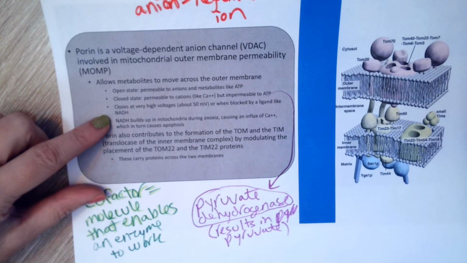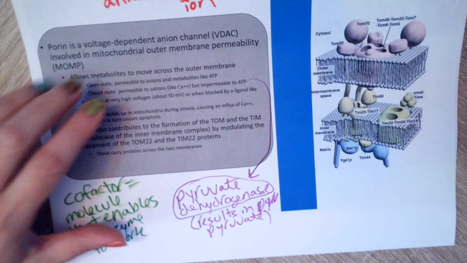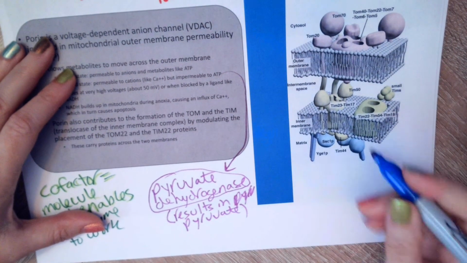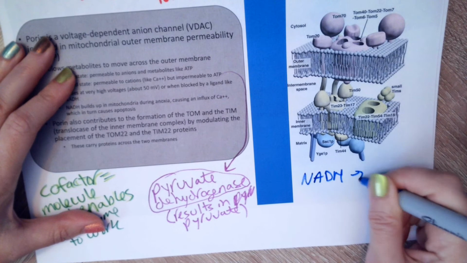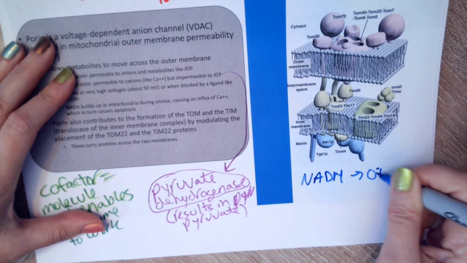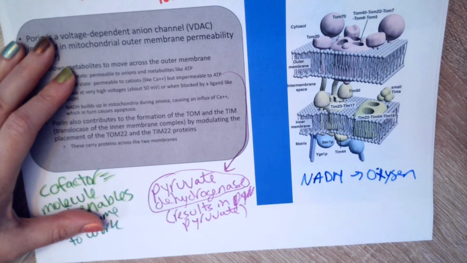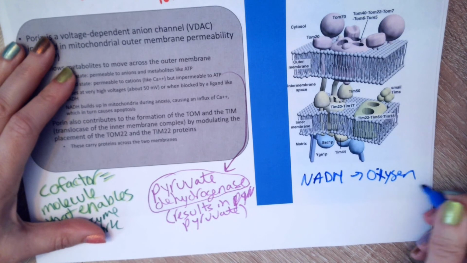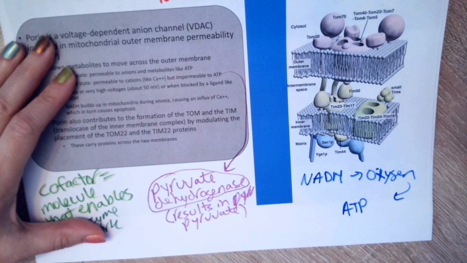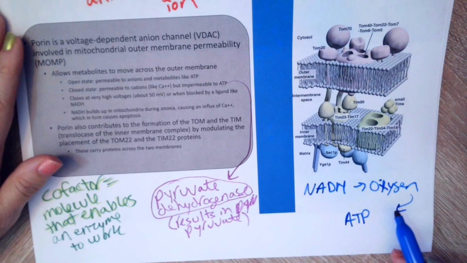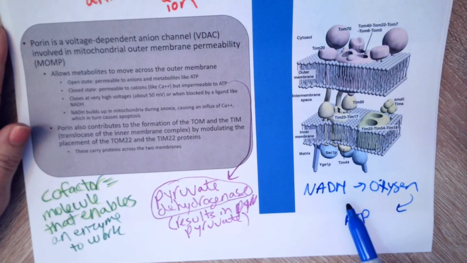And that whole process of the electrons going from NADH into oxygen is going to give us energy. So ATP. That is the electron transport chain really, really quick.